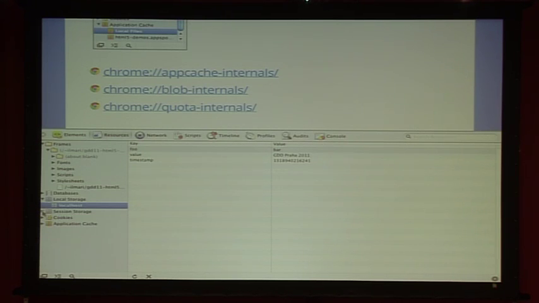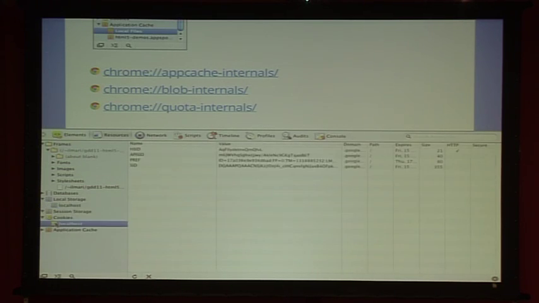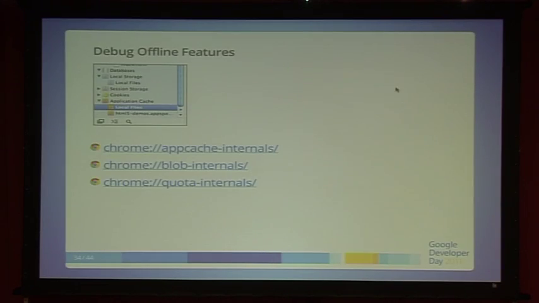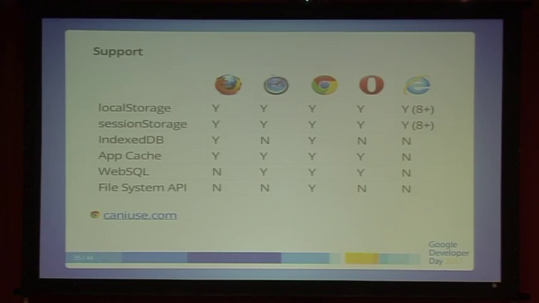Session storage, nothing there, I'm afraid. Do we have any cookies? We have a cookie. Okay, this is probably something from Apache. And in application cache, nothing. So this is not a very offline presentation for an offline presentation.